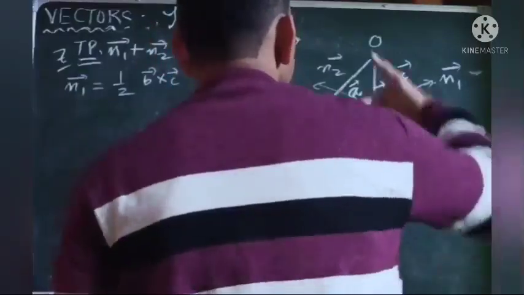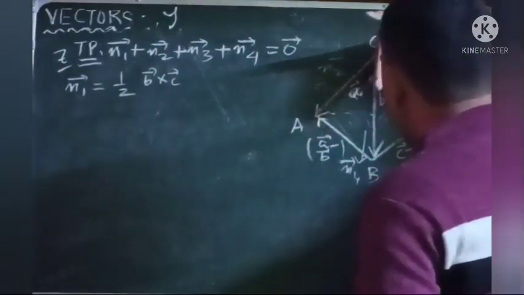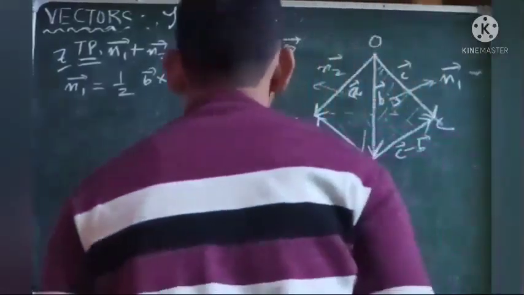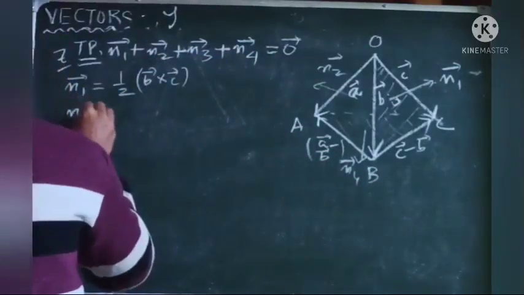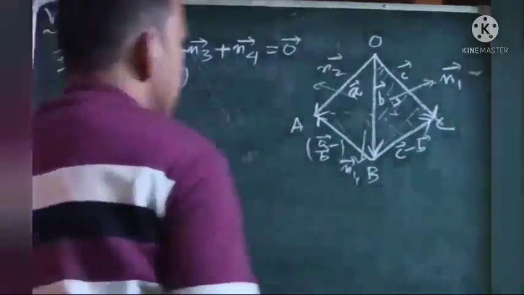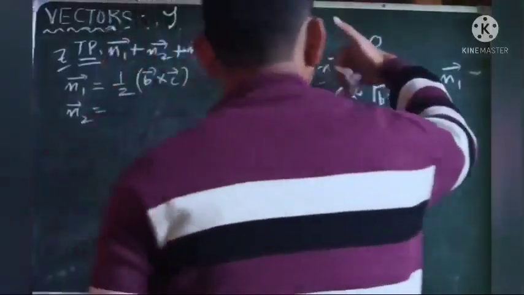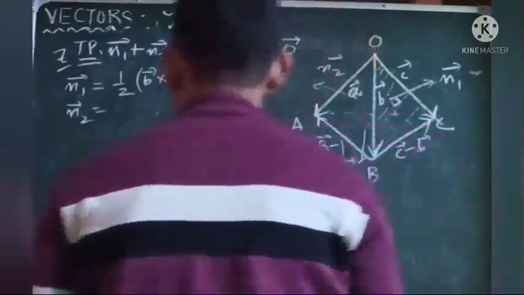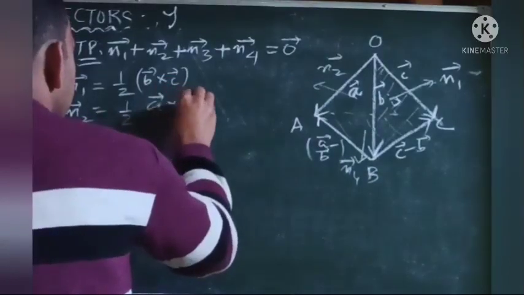B cross C: by the right hand thumb rule, if we place our right hand along B vector, then we can see it will result in the outward normal. So this is correct. Then n2 vector is going to be this vector, therefore we have to cross A with B. It means half of A cross B.